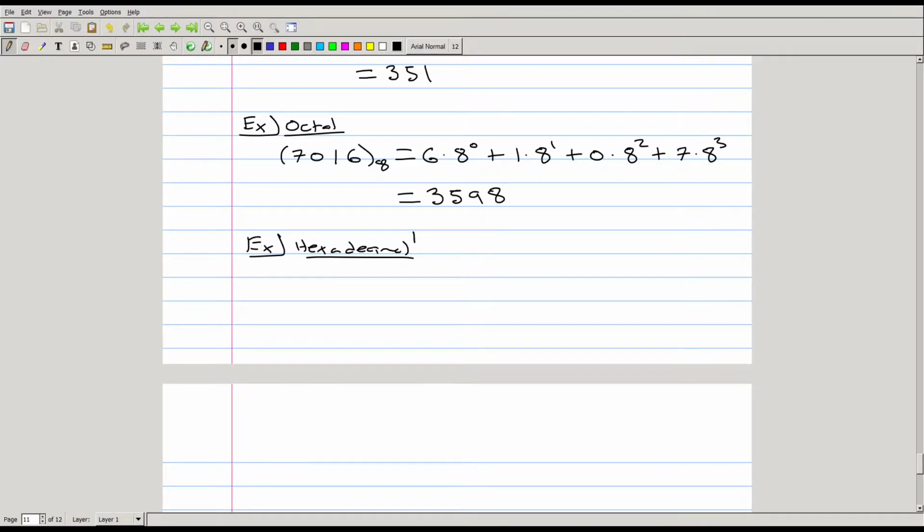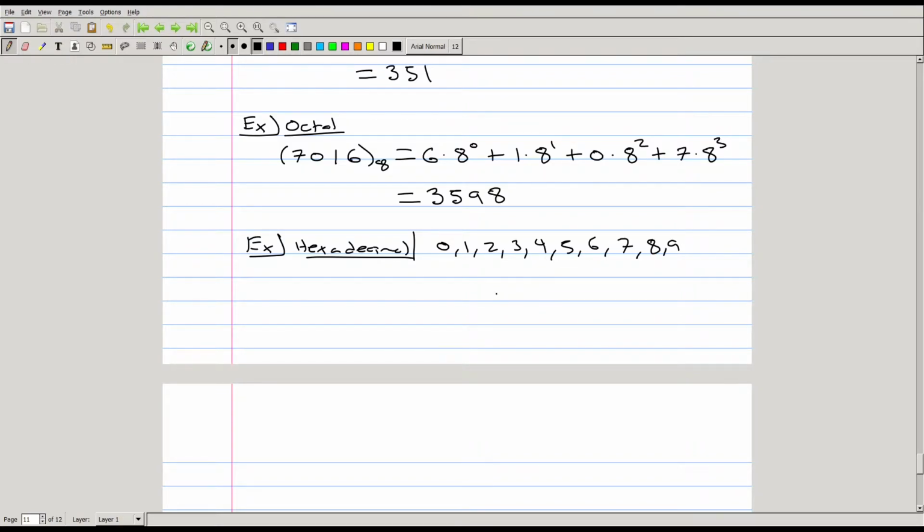In decimal we have 0 through 9, but because the hexadecimal digits can be any digit from 0 up to 15, we have to introduce symbols for the integers 10, 11, 12, 13, 14, and 15.